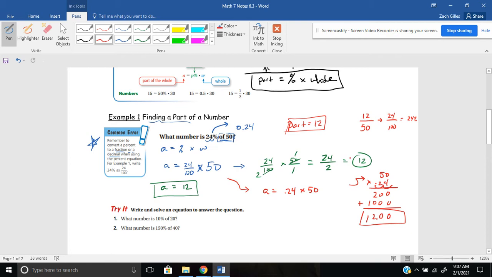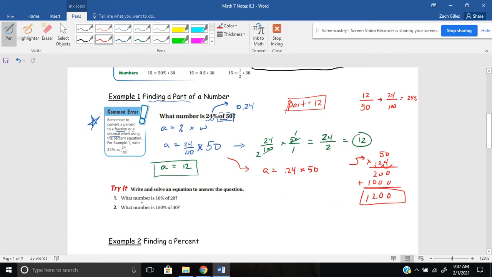Go ahead and pause now to try the 2 try problems here. It says write and solve an equation to answer the question. For number 1, it says what is 10% of 20? Little mental math trick here. Anytime you have 10%, you just move your decimal one place to the left.